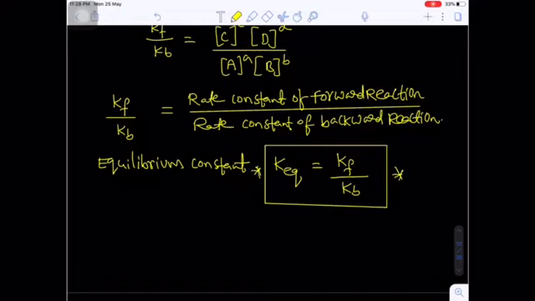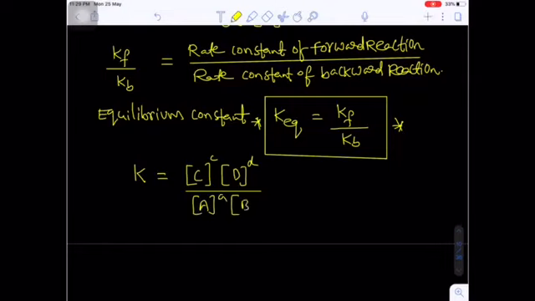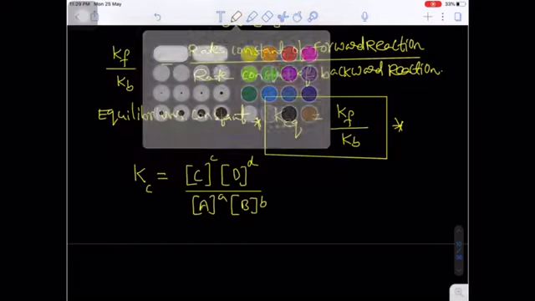Okay. From here, I am writing equilibrium constant K is equal to C raised to the power small c, D raised to the power small d, whole divided by A raised to the power small a and B raised to the power small b. Now this equilibrium constant, I am writing Kc. C stands for molar concentration.